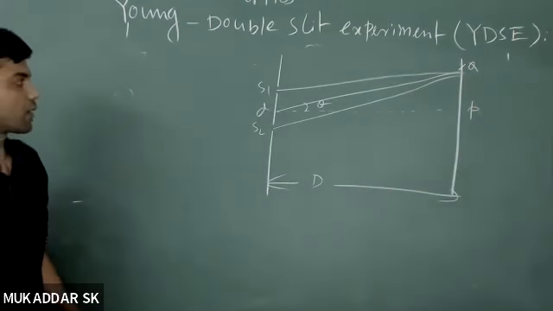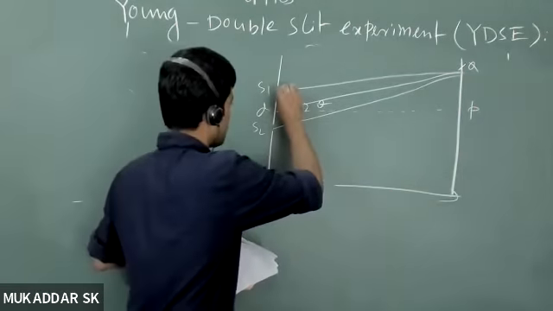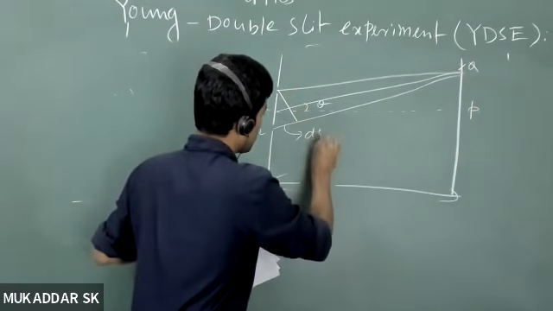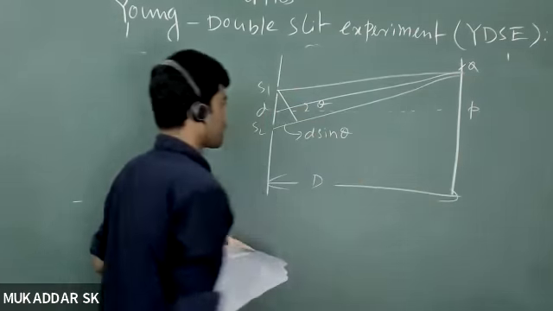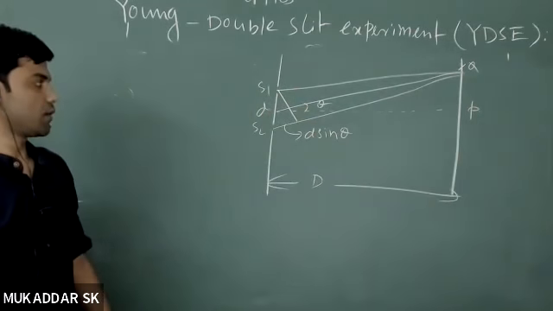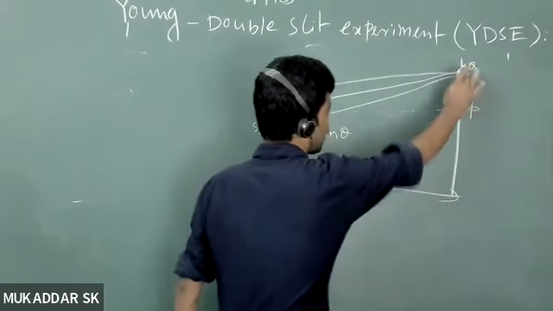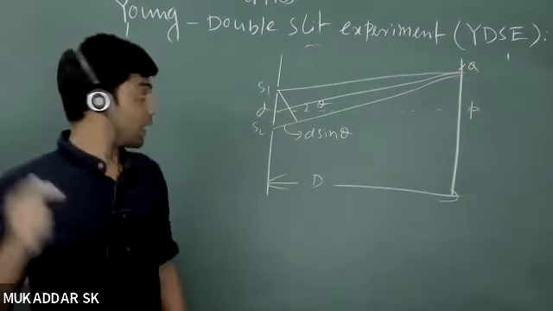Okay, this was your diagram, right? So the path difference between these two rays was d sine theta. Again I am looking at the intensity at point Q in terms of amplitude.